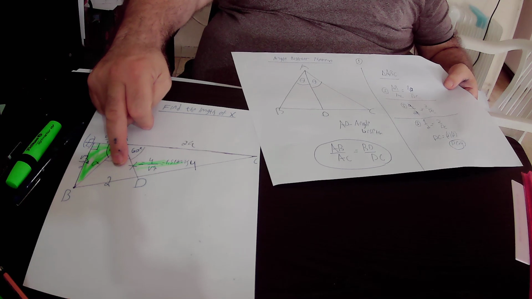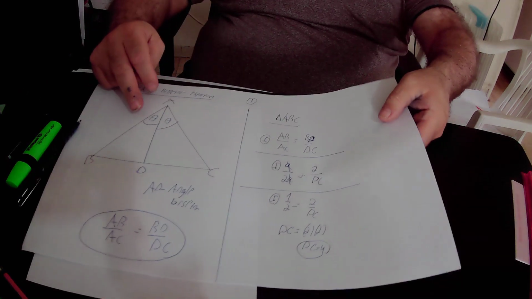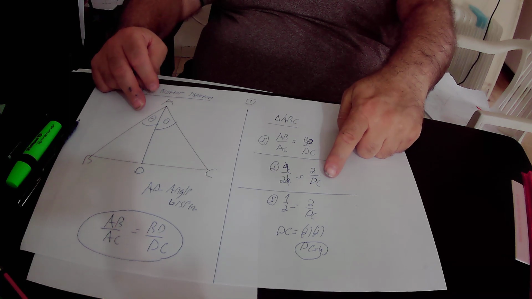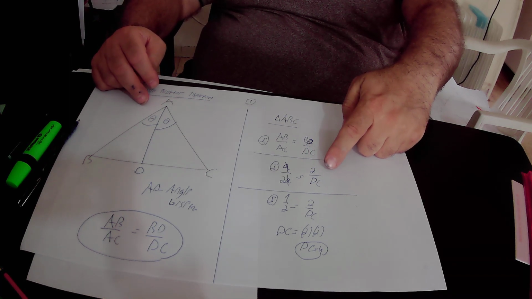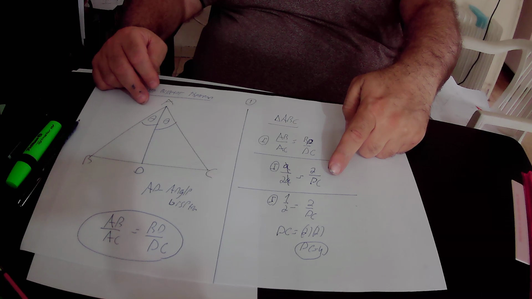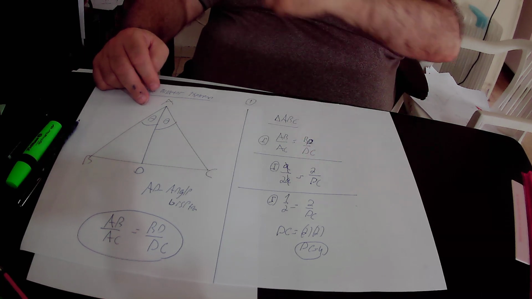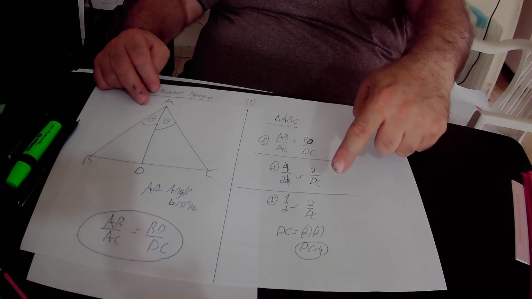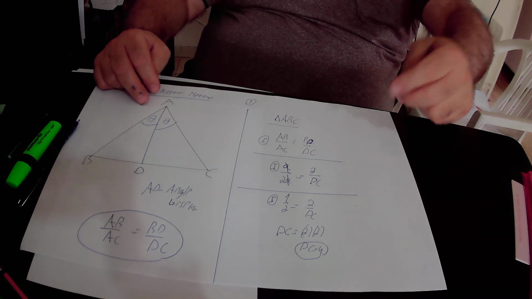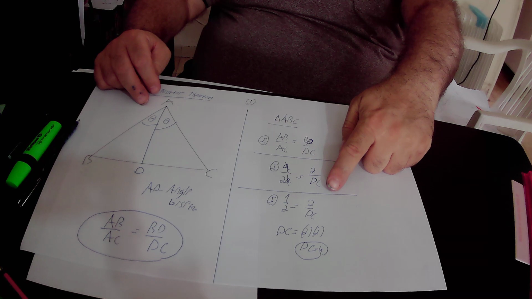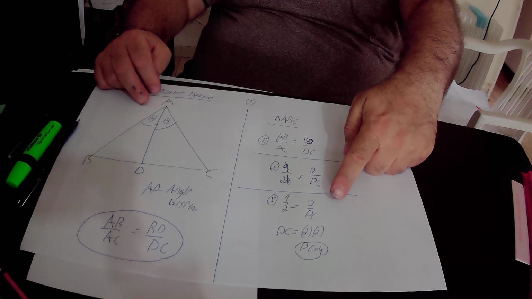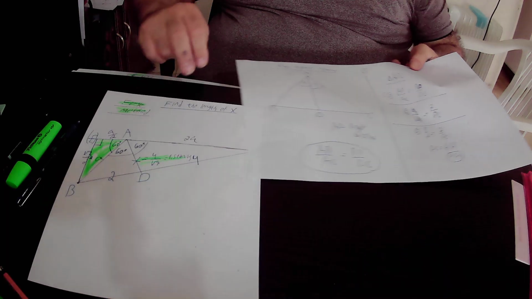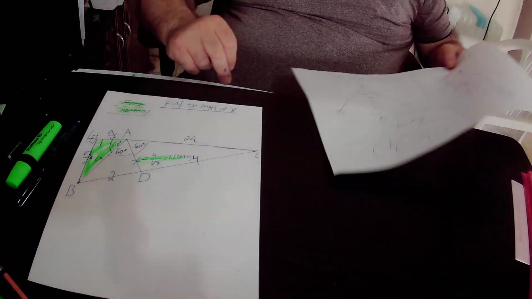BD equals 2 units according to what is given in the question, so we substitute BD by 2, and this is the missing line segment. So in conclusion, we found that A over 2A equals 2 over DC. A over A is 1, so A gets cancelled, and we are left with 1 half equals 2 over DC. We cross multiply this equation, and find that DC equals 2 times 2, which is 4 units.